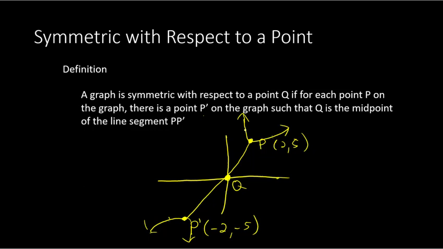If you pick this point here, let's say this was point (1, 7), then there's another point down here, (-1, -7), that corresponds with it. All right, and that's going to be true. So to determine if a graph or a function is symmetric with respect to the origin, what we do is we replace x and y with -x and -y and see if the equation is going to stay the same or not.